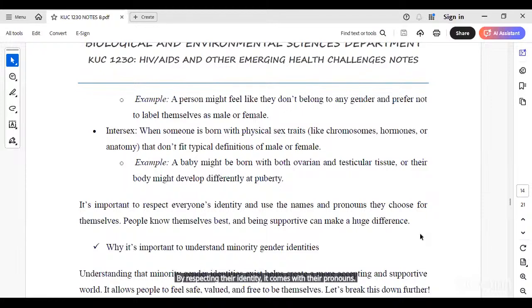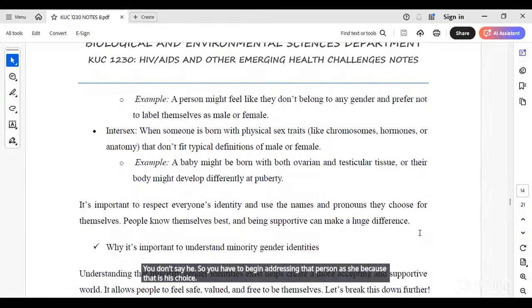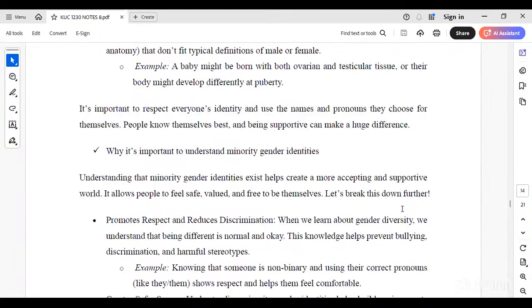So if someone is born a man, but anataka kuwa mwanamke, you don't say he. The choice yake anataka akuwe mwanamke. So you have to begin addressing that person as she, because that is her choice. Okay. So you respect it and use the pronouns that they desire.